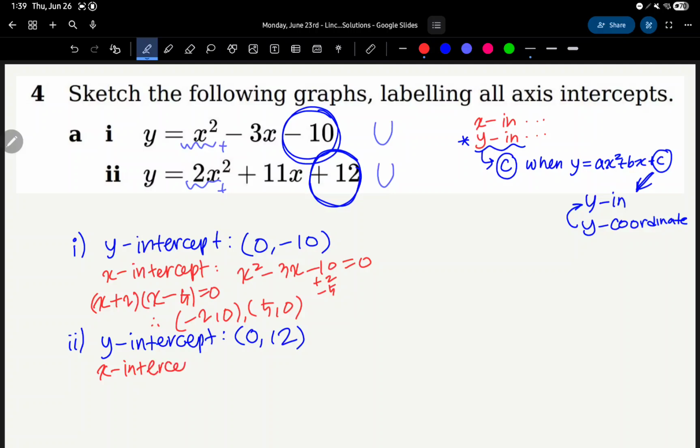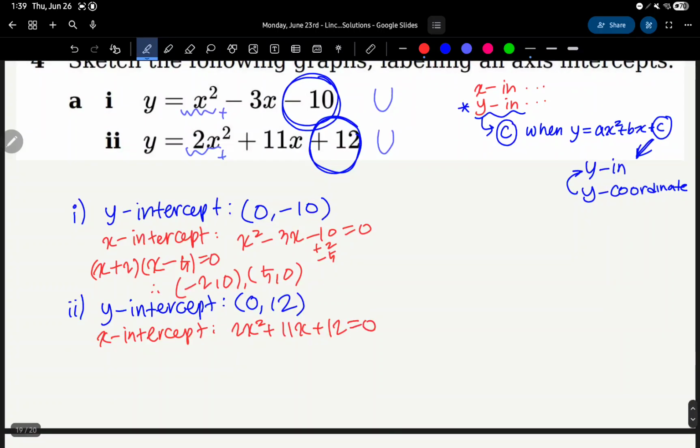And for the second one, we have 2x squared plus 11x plus 12 is equal to 0. We need factors: 4 and 3, yes.